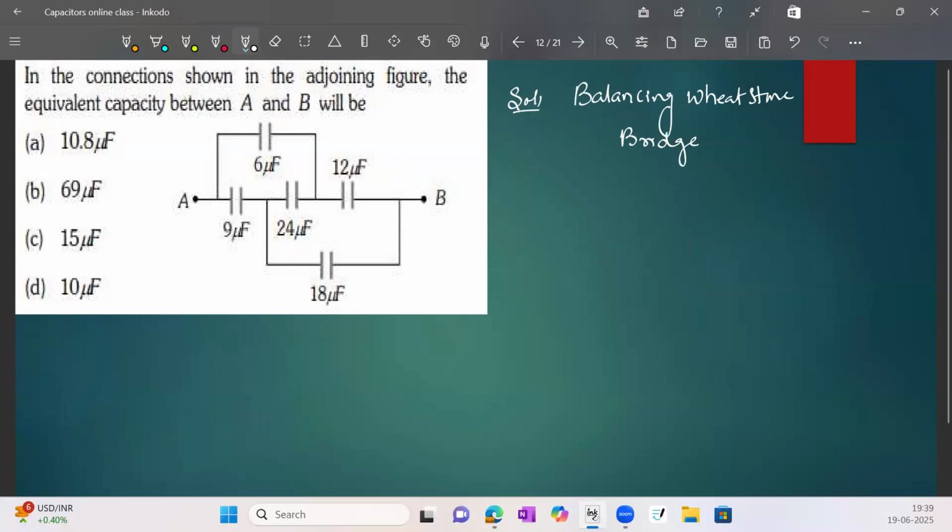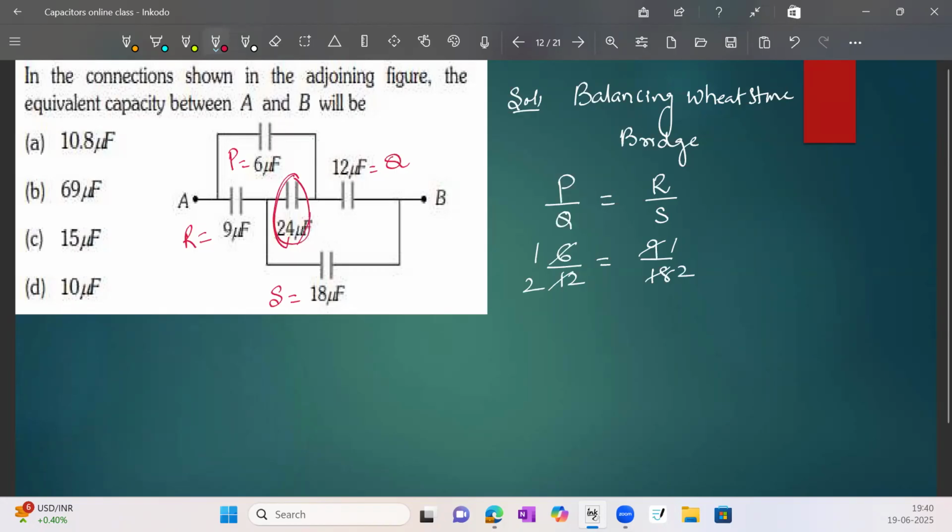In current electricity, let us consider this is P, this is Q, this is R, this is S. We have the condition P by Q equals R by S. So P by Q, how much here? 6 by 12 equals 9 by 18. This is 6 ones are 6, 6 twos are 12, 9 ones are 9, 9 twos are 18. So we can remove this 24 microfarad capacitor.